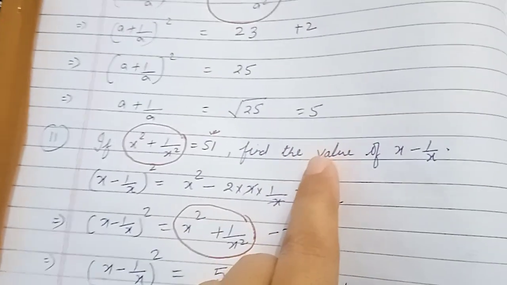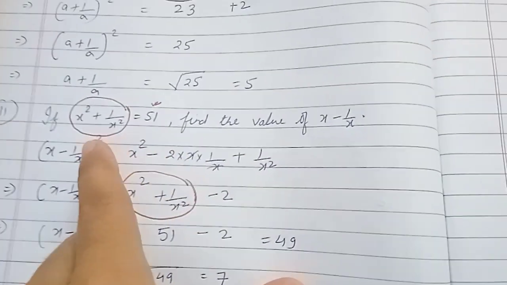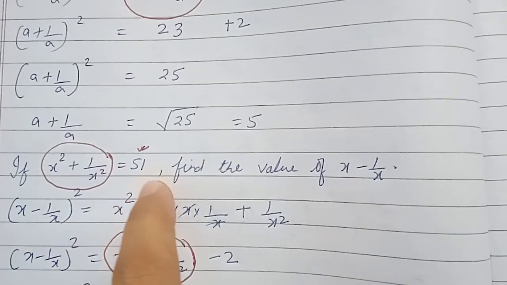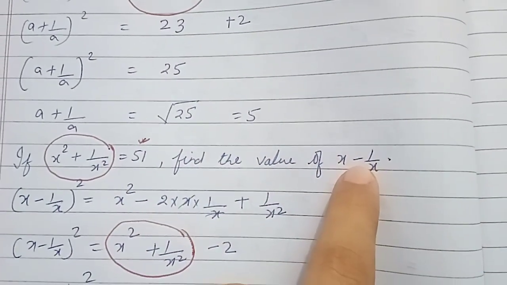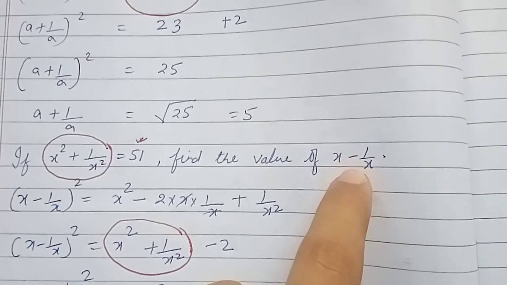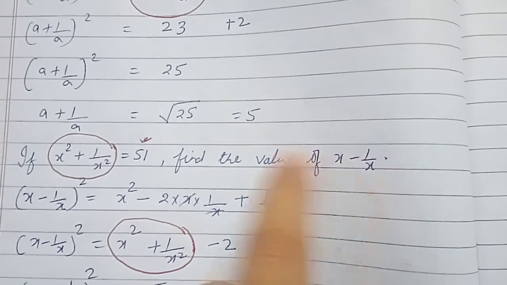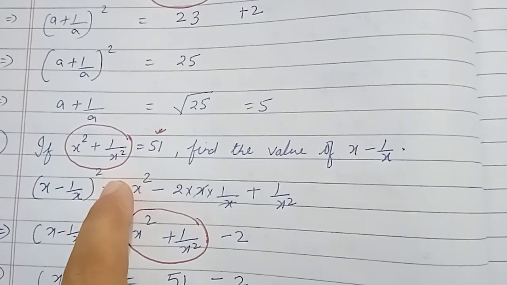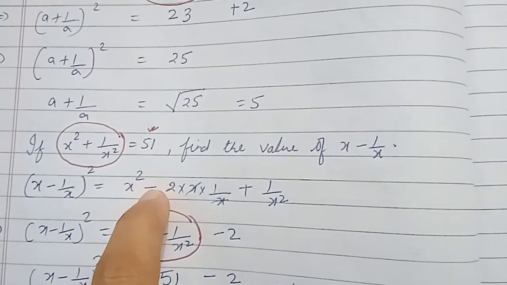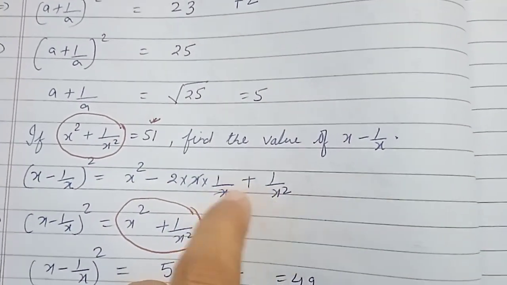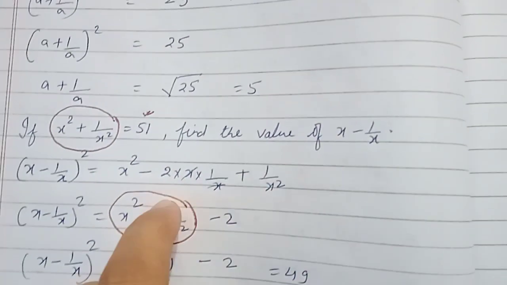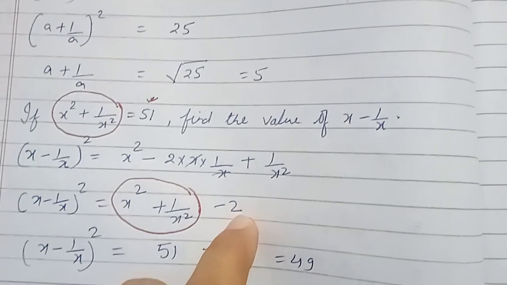Same thing here. The value of the square part is given, 51, and you have to find the value of this part. So you start with the part smaller in power. Write this part and take square on it. So a minus b whole square is a square minus 2ab plus b square, x cancels out, and write x square and 1 by x square together and minus 2 here.